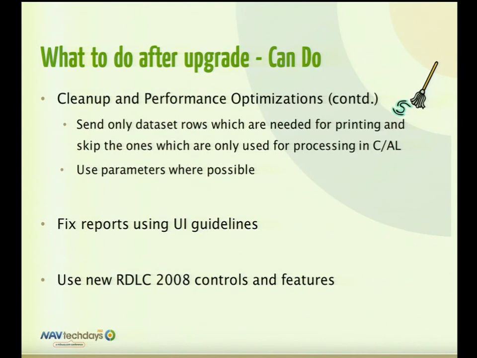But if you're doing that, you don't want to send them all the way to Visual Studio and make a huge dataset. So if you are using your data, using records just for processing, skip them, use internal variables to do that looping so that you can have a clean dataset.